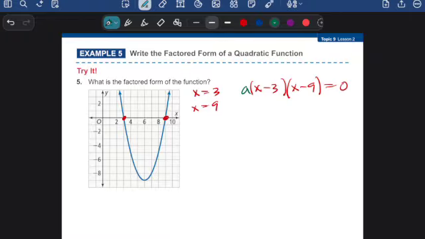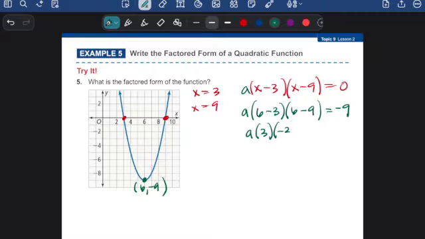So now let's use our vertex as our x comma y. So what is the vertex? The vertex is at 6, -9. There's our x and our y. So we're going to say when our x, or our input, is 6, substitute our x value in the equation, and our output, it's not going to be 0 anymore, it's going to be -9. And now we're just solving for a.